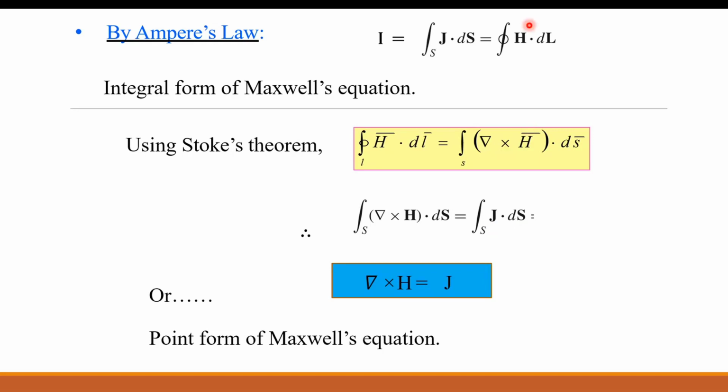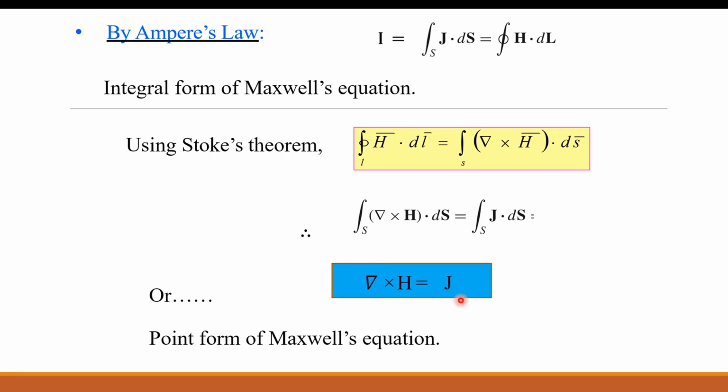Okay, from the above two equations we can say that del cross H ds is equal to J dot ds. Now if you remove integration and surface variation, then what is the final equation? Ds is same, surface integration is same, so we can remove this and we can write del cross H is equal to J bar. Del cross H is equal to J bar.